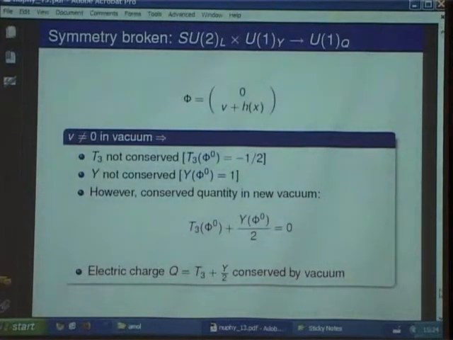The reason this relation exists is because we know that Q is conserved. In fact, now I can tell you that the way you find out the value of Y is in this fashion. You determine the value of Q, you know all the Q's, you have memorized all Q's, right?